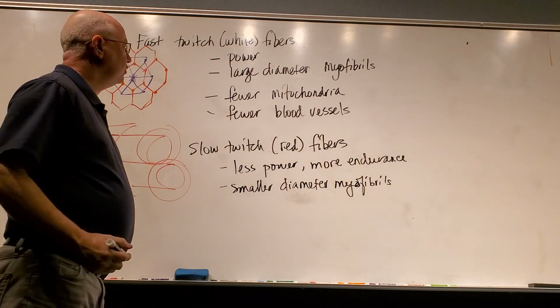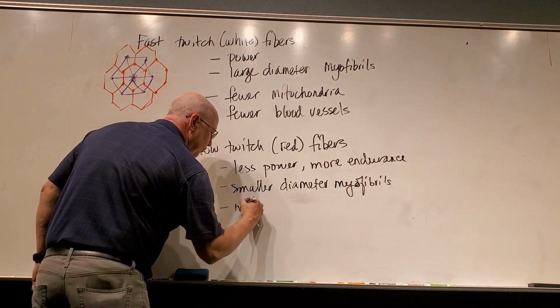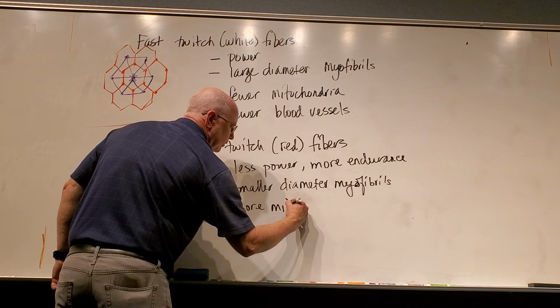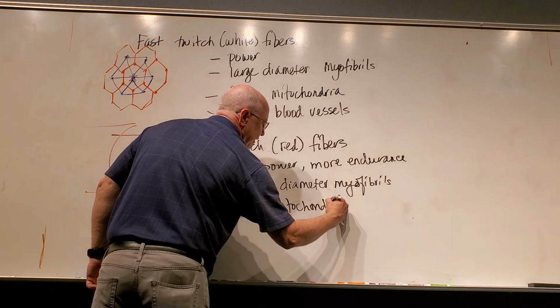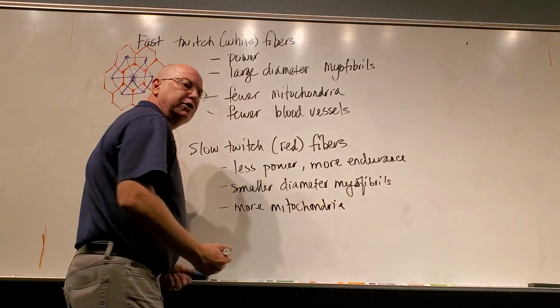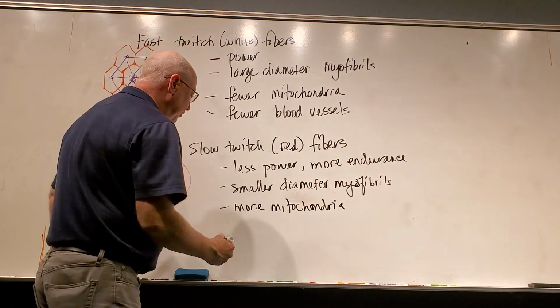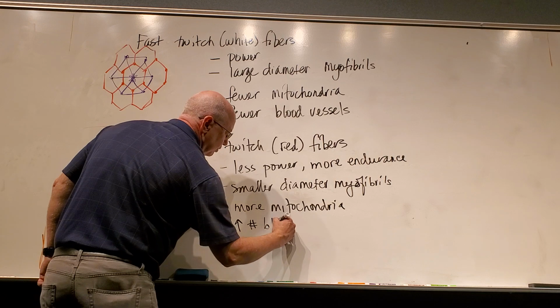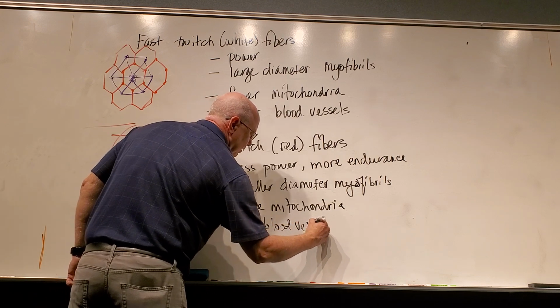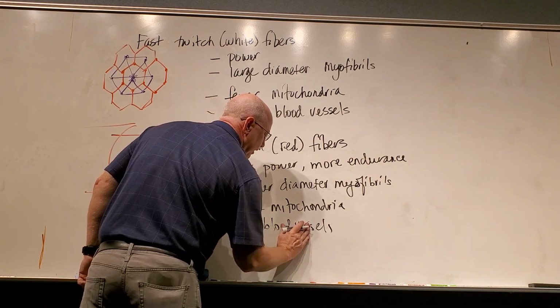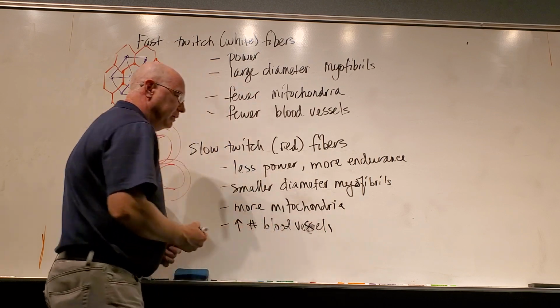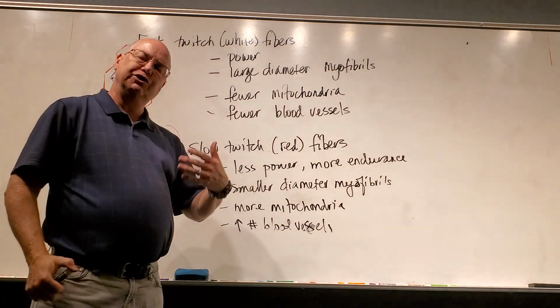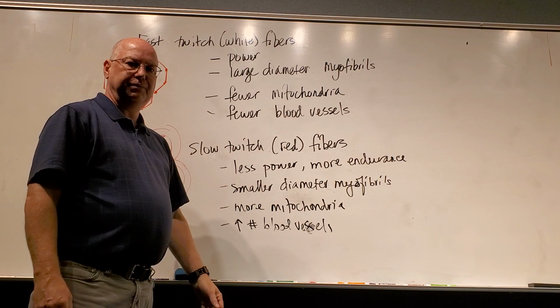The muscle cells aren't as large. They tend to have more mitochondria, so they can continue to replace the ATP that they burn, so that they continue to work over a longer period of time, and they have an increased number of blood vessels. They have a much better blood vessel supply, to continue to replace the oxygen and glucose for the generation of ATP.